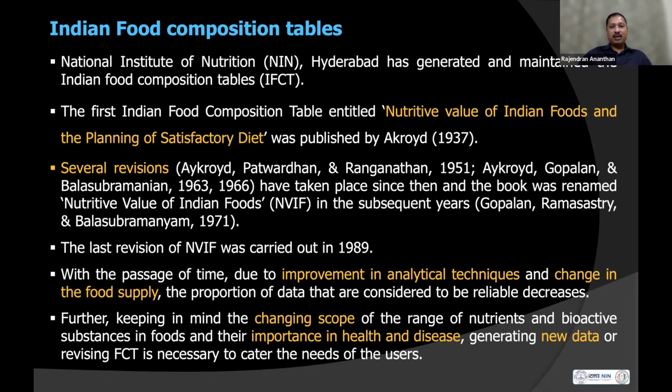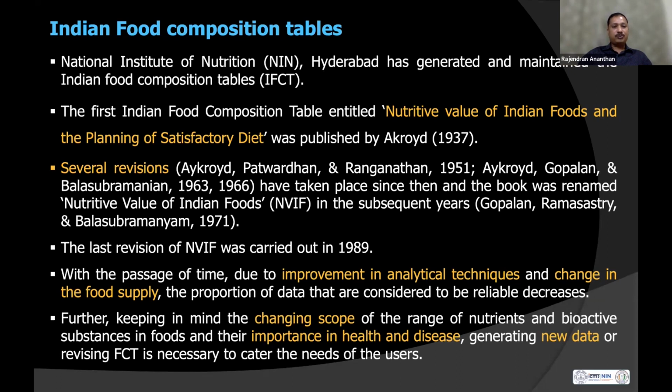It started way back in 1937 by Aykroyd, when our institute was in Coonoor and Ooty, and at that time it was Nutritive Value of Indian Foods and the Planning of Satisfactory Diets. Then many revisions took place, in 1960, 63, 66, and the last revision was done in 1989 as the Nutritive Value of Indian Foods.